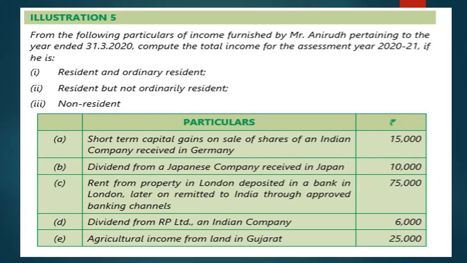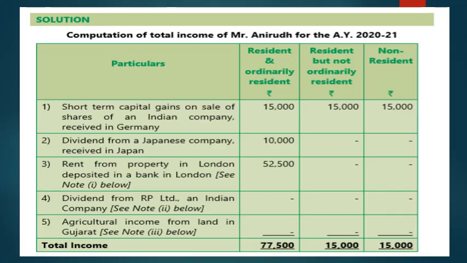Rent from property in London deposited in a bank in London, later remitted to India through approved banking channels, 75,000. Dividend from RP Limited, an Indian company, 6,000. And last, agricultural income from land in Gujarat, 25,000. Let's compute the total income.